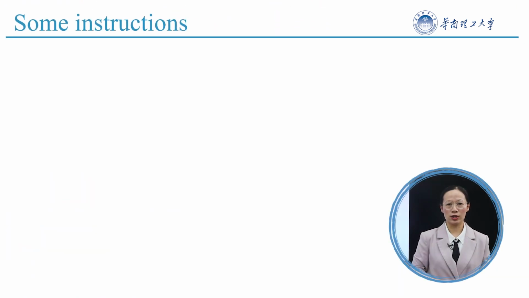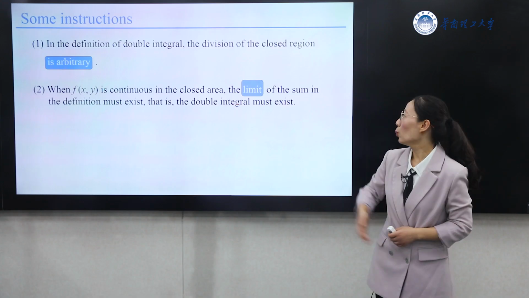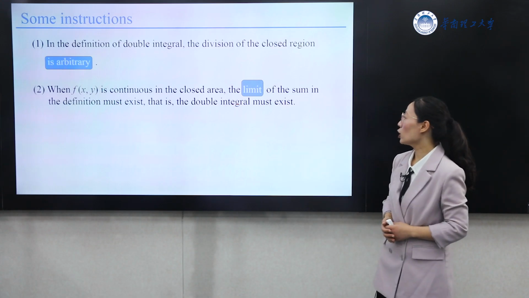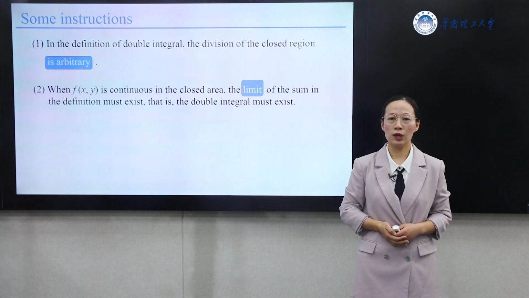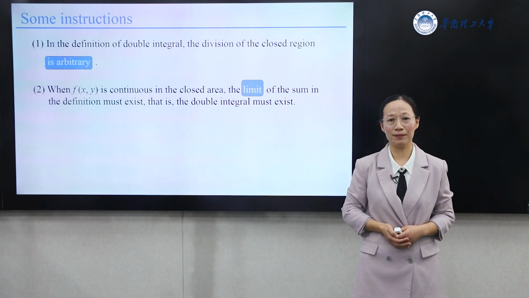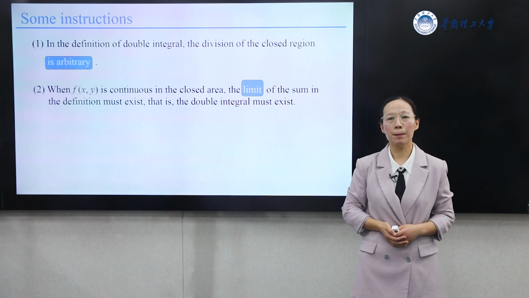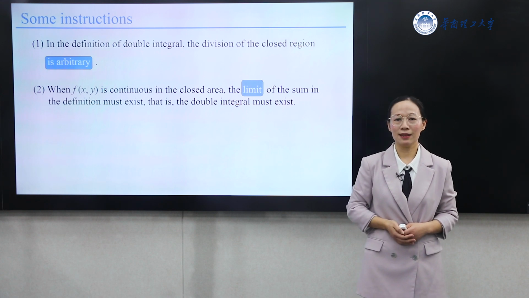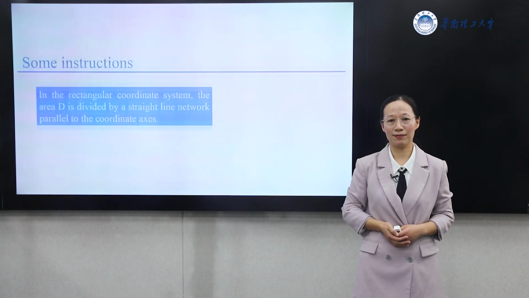There are some instructions that we should pay attention to. 1. The division of the closed region is arbitrary. 2. When f(x,y) is continuous in the closed area, the limit of the sum in the definition must exist. That is, the double integral must exist.